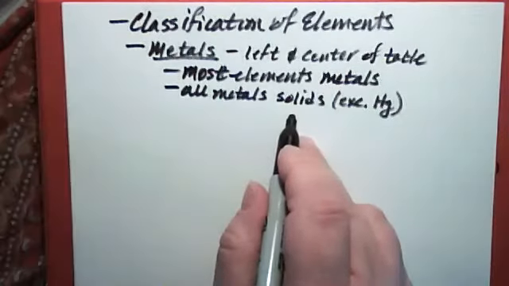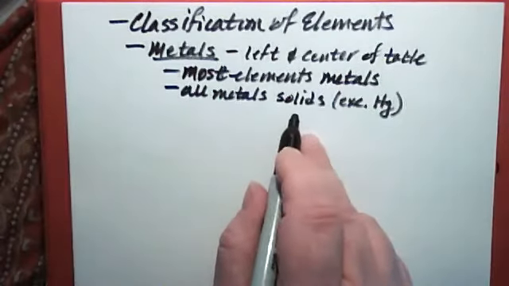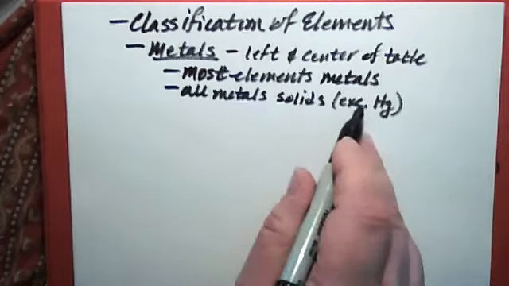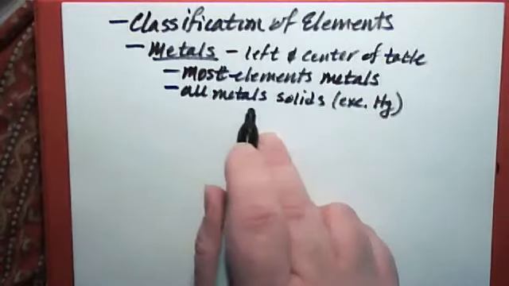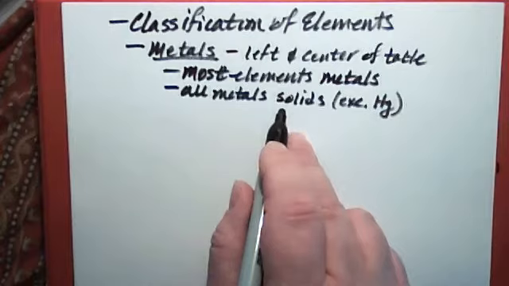And something that metals have in common is that all of them are solids at room temperature, except mercury, which is a liquid. Some of the metals are actually relatively soft.